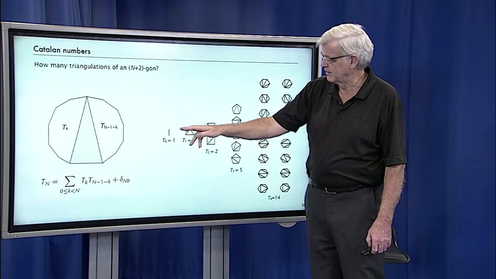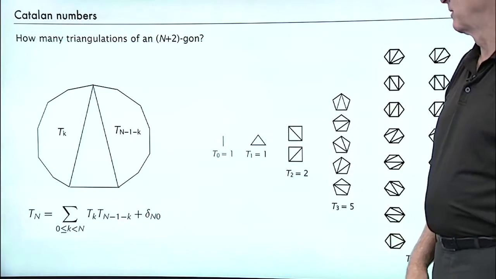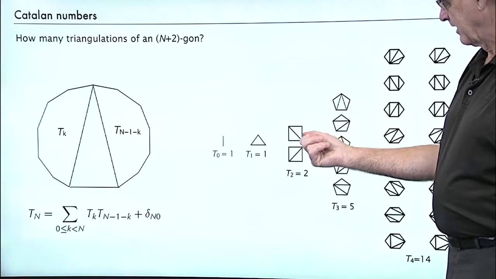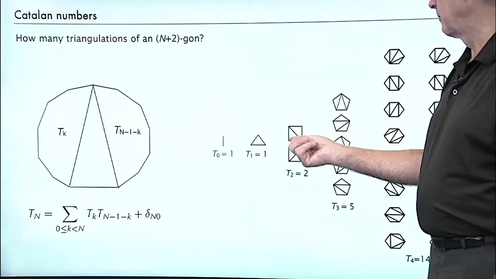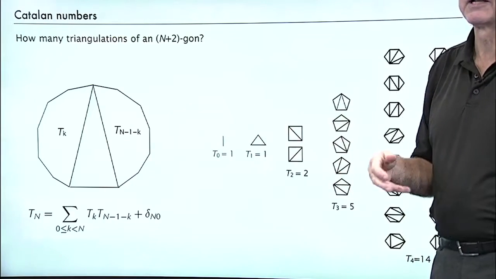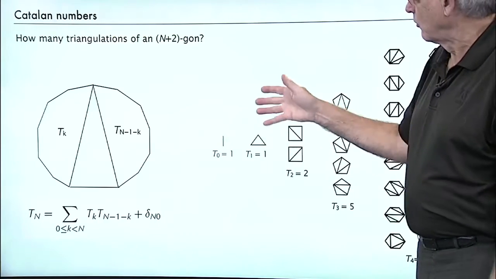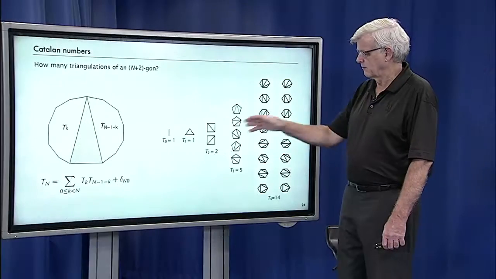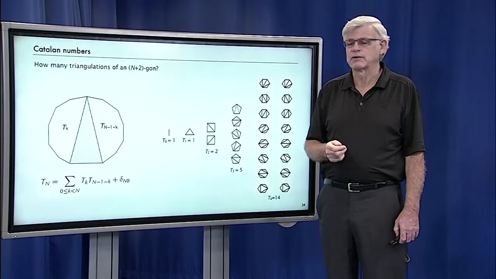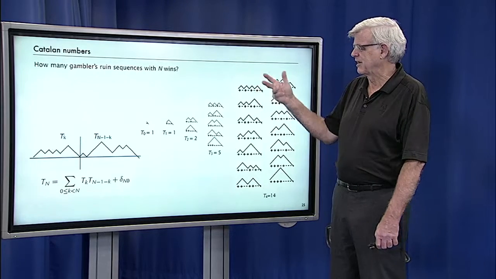So the number of triangulations has to satisfy that recurrence relation: the sum over k from 0 to n minus 1 of t_k times t_(n-1-k), plus an extra, because there's always one way to triangulate the triangle. So that's a recurrence relation that we're going to take a look at solving, but it applies in many other applications.